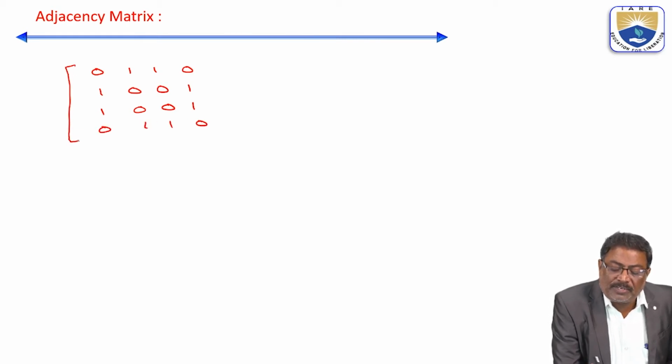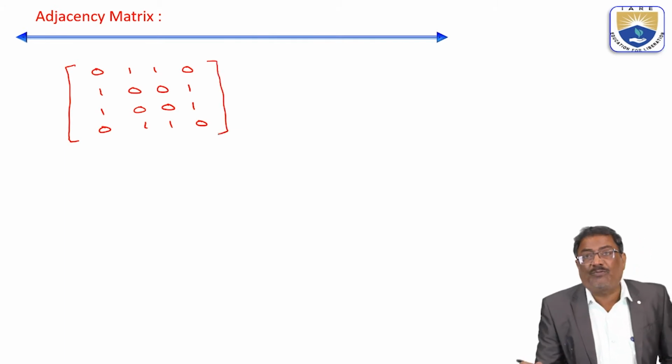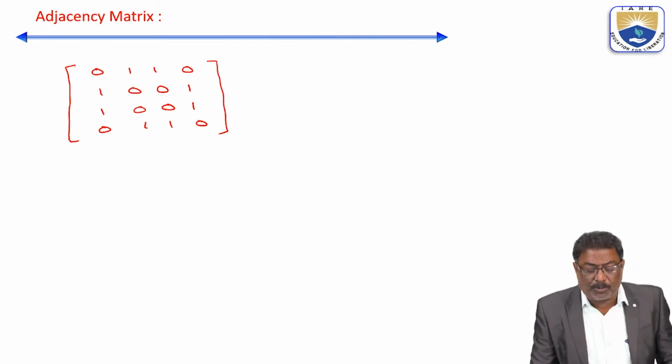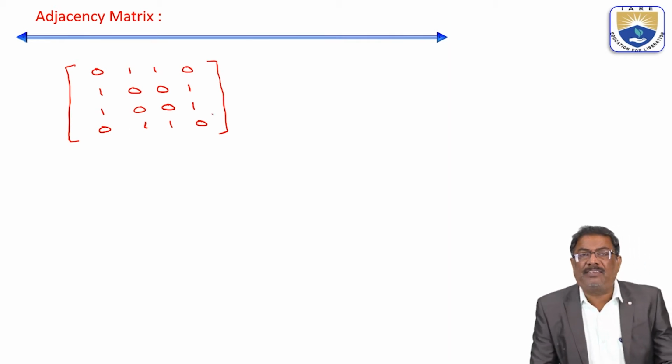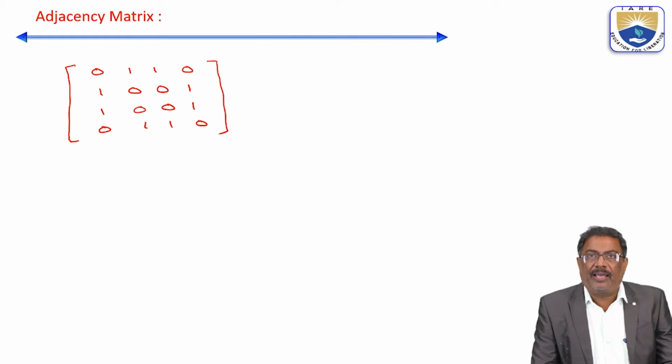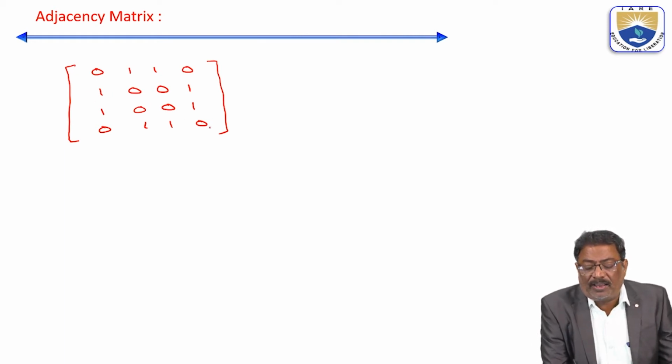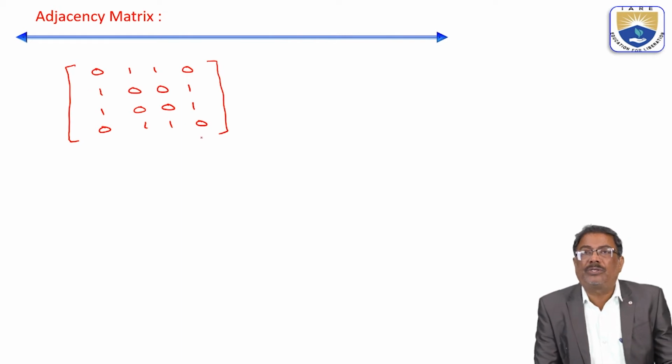It is a 4 by 4 matrix, so it is related to a graph which has 4 vertices. And observe all the diagonal elements are 0, so we are going to get a simple graph.